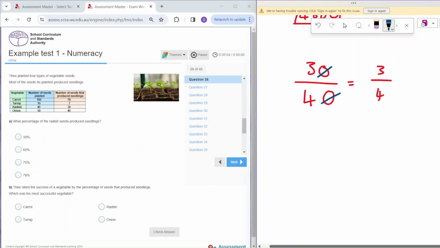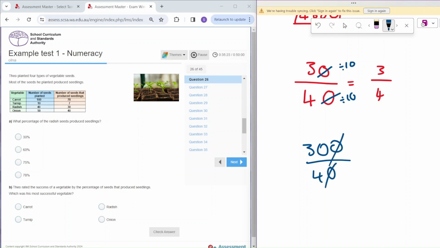Because there's a 0 on the top and the bottom, I can cross them both out. That's because I divided the top value and the bottom value by 10. Remember, you can only cross out the same amount of zeros on the top and the bottom. So if I had 300 over 40, I could only do that. I couldn't cross this one out because I have to cross the same amount out on the top and bottom.